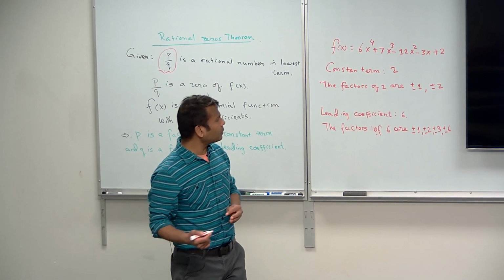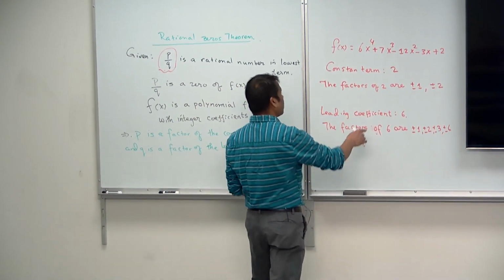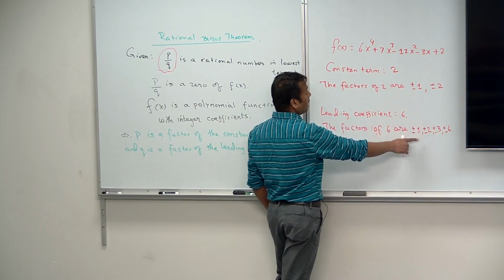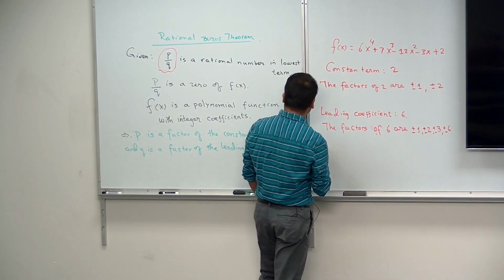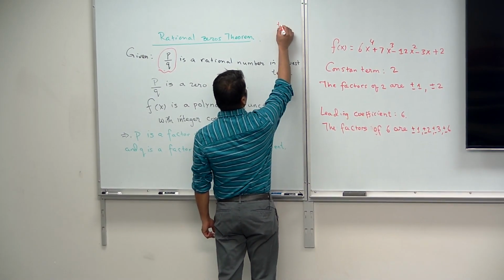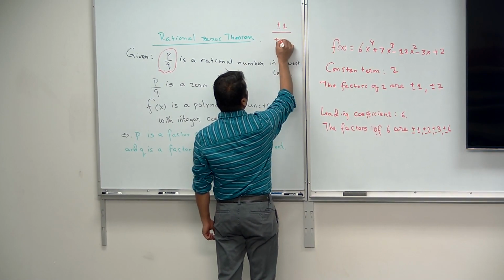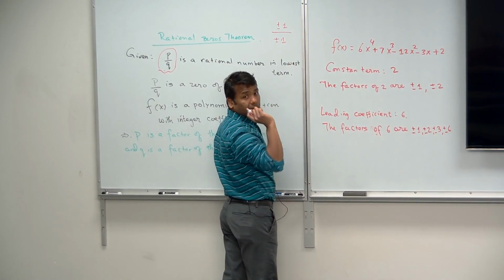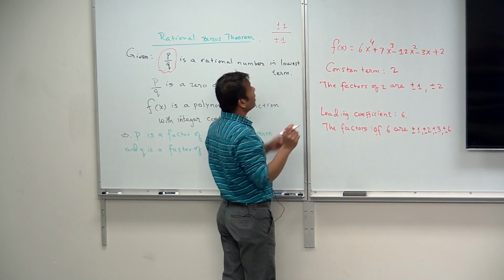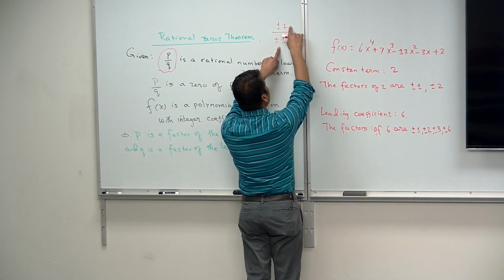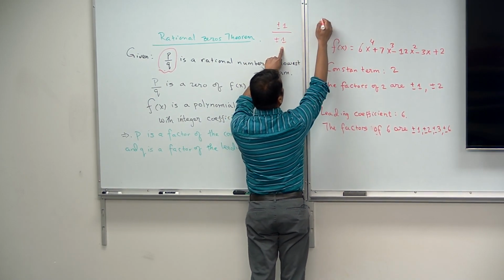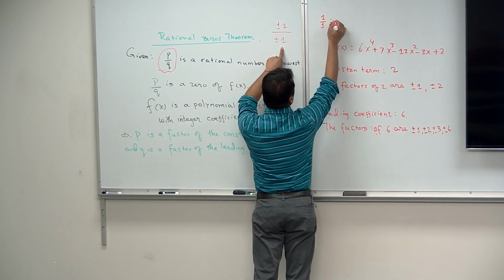Now, if you divide plus or minus 1 by plus or minus 1, if you pick positive 1 on the top and positive 1 on the bottom, that will be 1 over 1, which is positive 1.